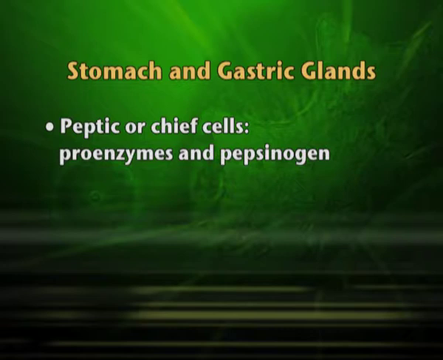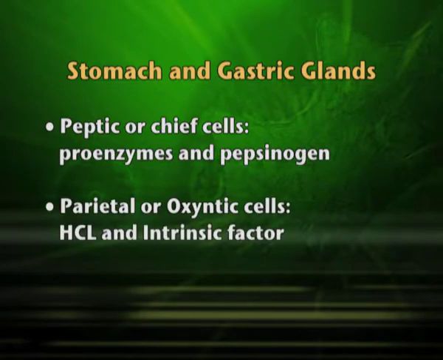We will discuss it in the next episode, but before that, there are parietal cells, also known as oxyntic cells, which secrete HCl, the hydrochloric acid, and intrinsic factor, which is very essential for absorption of vitamin B12. We all know the importance of vitamin B12 in our body.